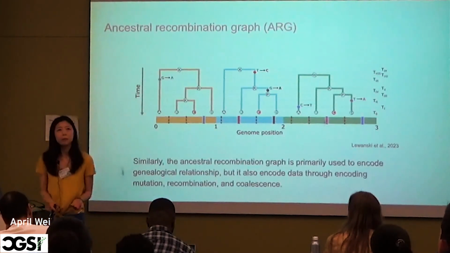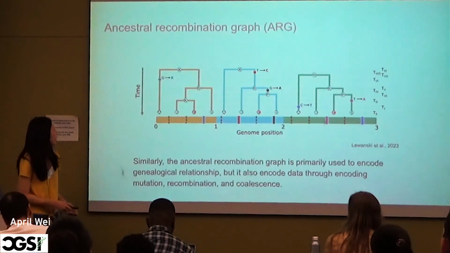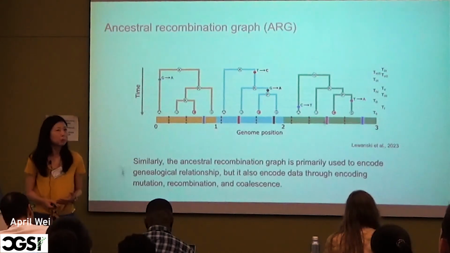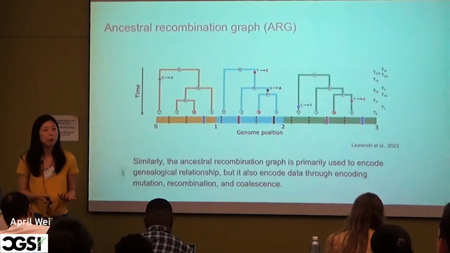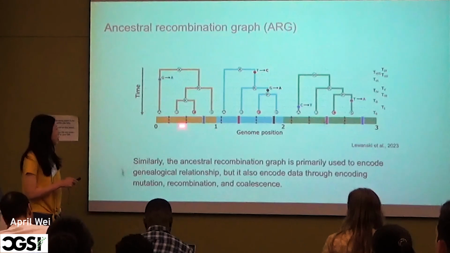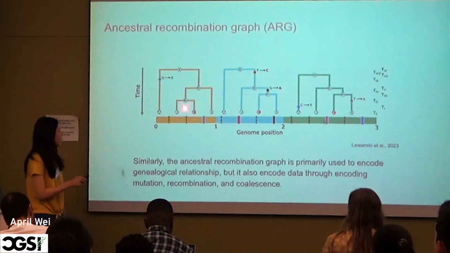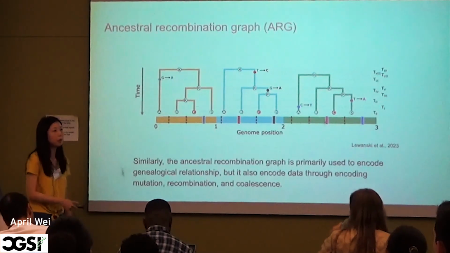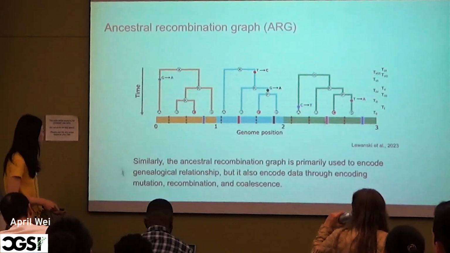With the population level data that we deal with, there's recombination. So the relationship among different samples is no longer represented by a single tree, but at different regions in the genome, there could be a different tree topology and a different relationship.